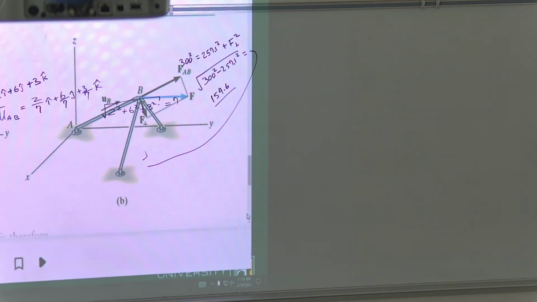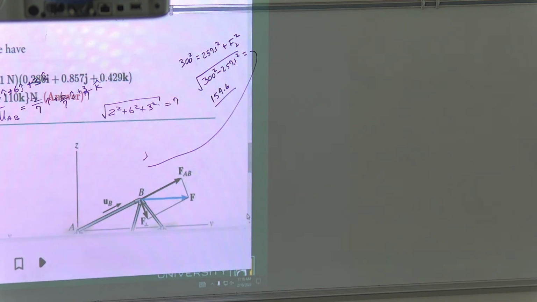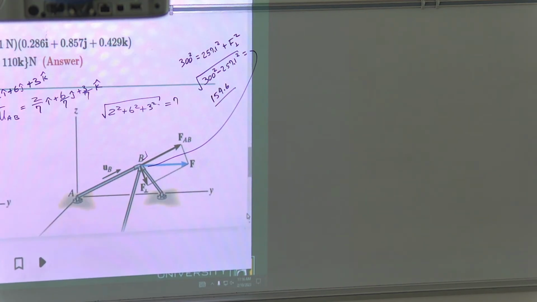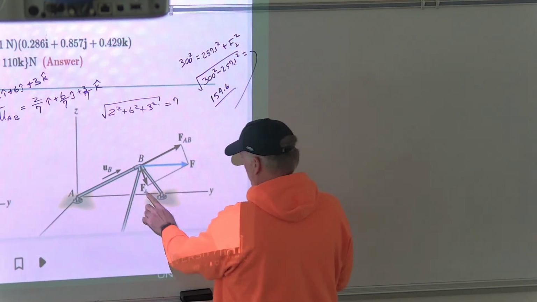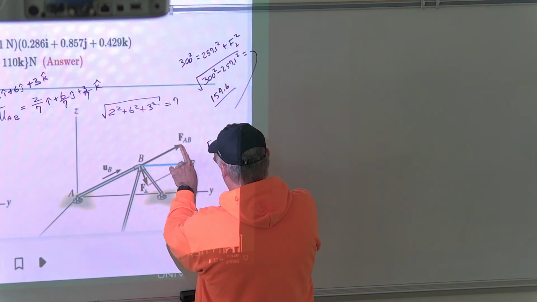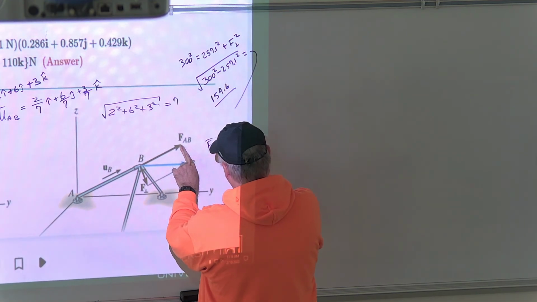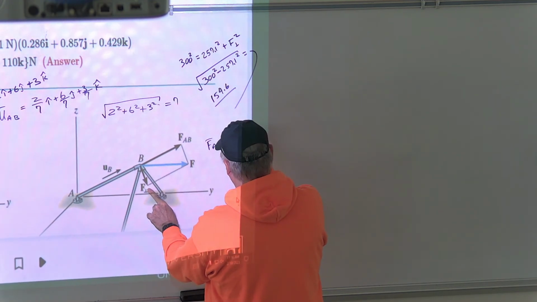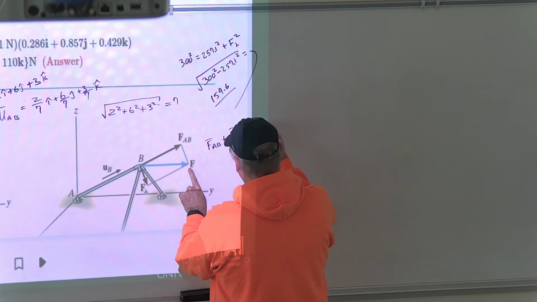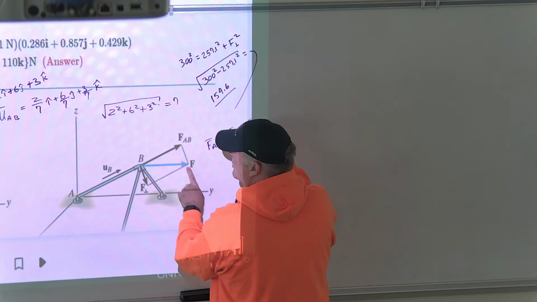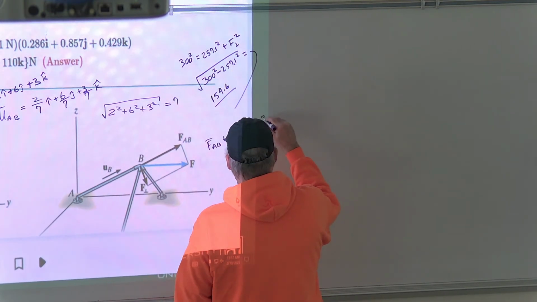So what he is going to do is he's going to take. Okay, so in this picture, you realize that FAB, the vector, plus this vector, F perpendicular, has got to be equal to the F, which actually the F was 300J.